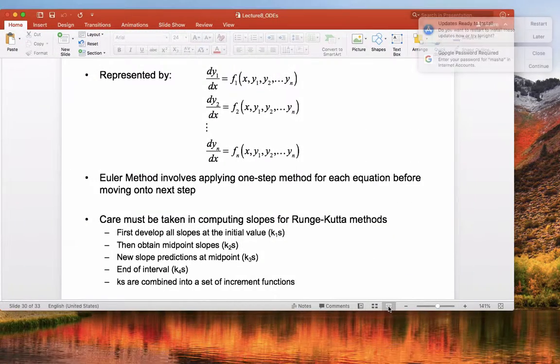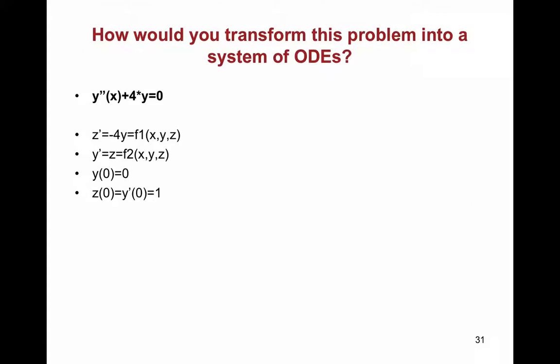So that is basically the systems. And there is one trick for how I can actually transform a higher order equation into a system. Essentially, if I had y double prime of x plus 4y equal to 0, I can call my z a y prime.